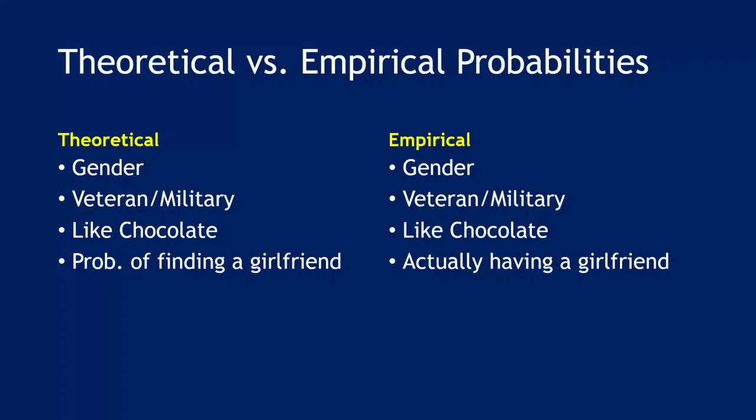So how many of you actually have a girlfriend or boyfriend versus the theoretical probability of finding a girlfriend? Those are interesting numbers that you can collect from your customers, from your employees, or even from your companies and so on. But I want you to be able to distinguish, right? So you will get empirical data that may or may not agree with theoretical numbers.